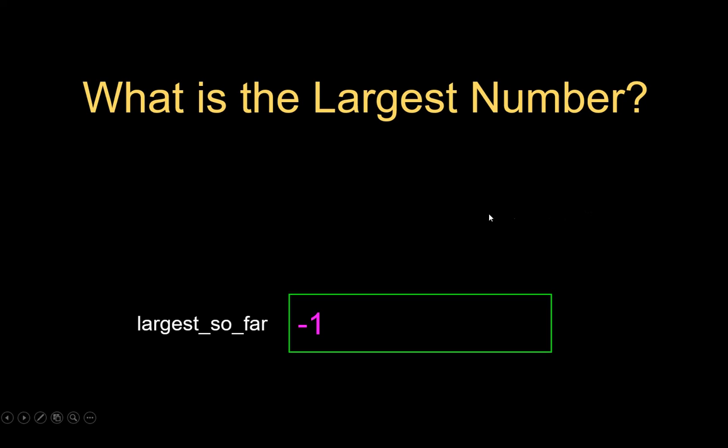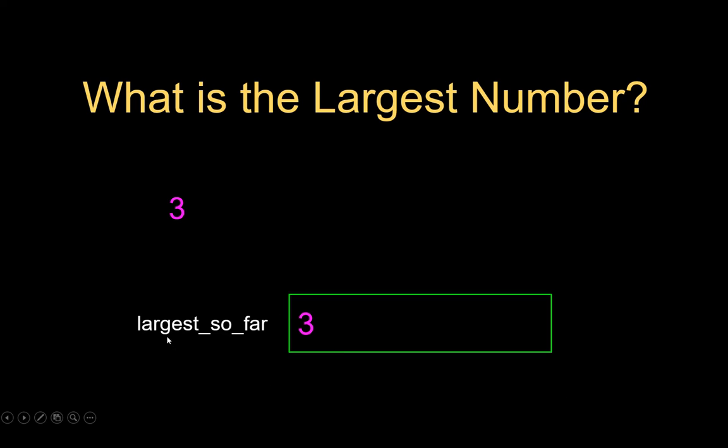So at the beginning, we're going to have a largest so far variable. We're just going to assign it -1 because we are sure that there is at least one number greater than this, knowing that our numbers are all positive. That should be the prerequisite to this assignment, that we have -1 assigned to this.